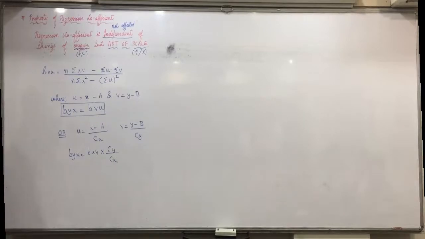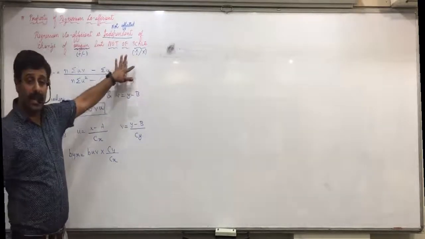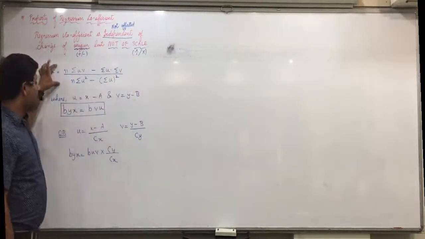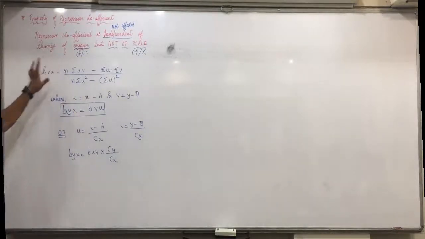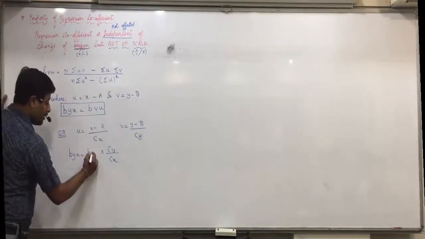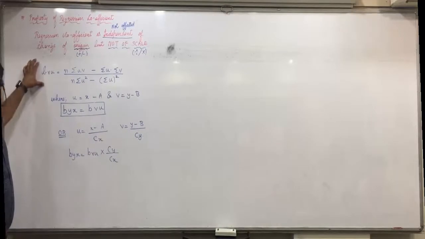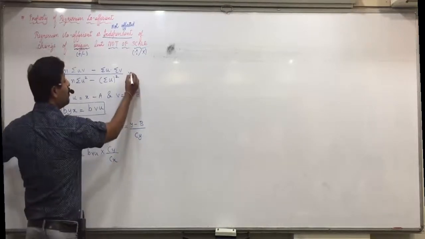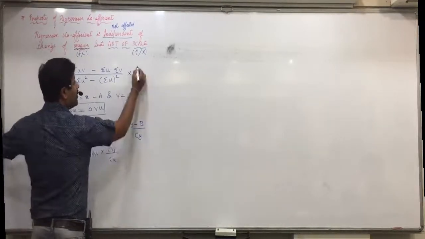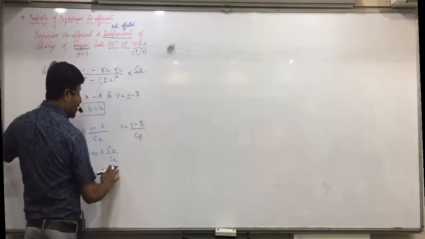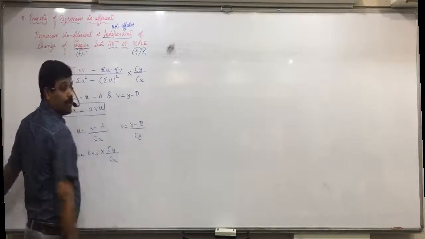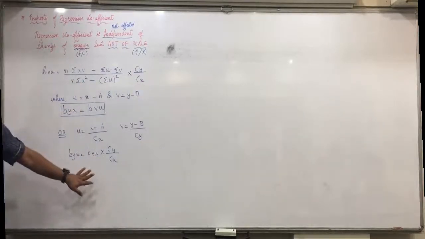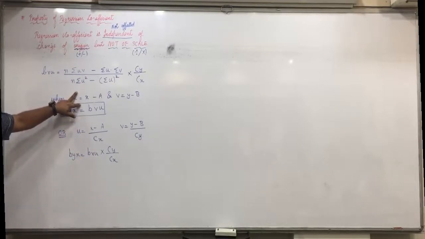Whatever BVU is obtained, further you will multiply it with the common factor of Y and divide it with the common factor of X.